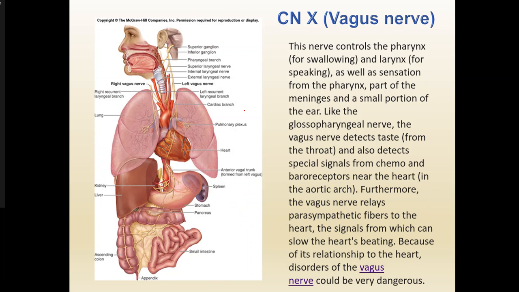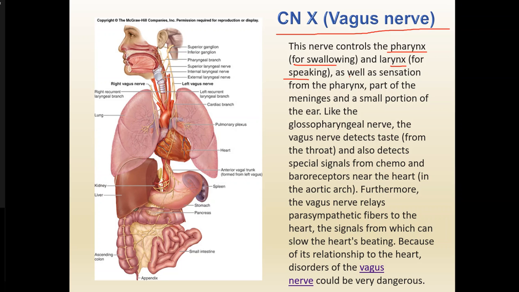All right, and number 10, vagus nerve. This is a super important nerve, okay? And so this nerve controls the pharynx for swallowing, the larynx for speaking, and so it's a mixed nerve because it controls these motor functions, but also sensation from the pharynx, and also from part of the meninges and portions of the ear as well.